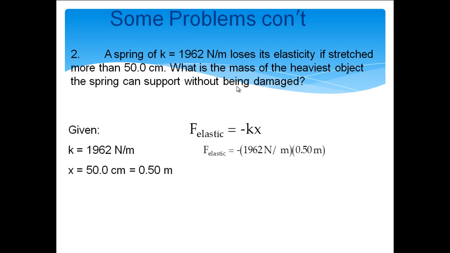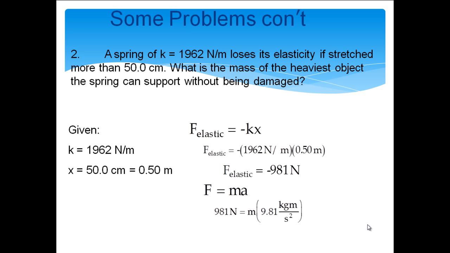Plug in the stuff we know. You get an elastic force of negative 981 newtons. Force equals mass times acceleration. And since it's hanging, our gravity here is negative. So the minus sign goes away because you really can't have a negative mass, because that would just be silly.